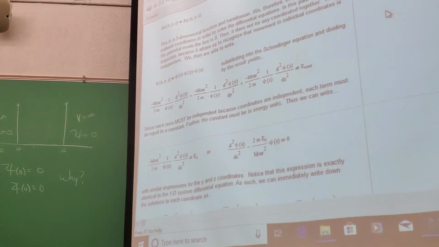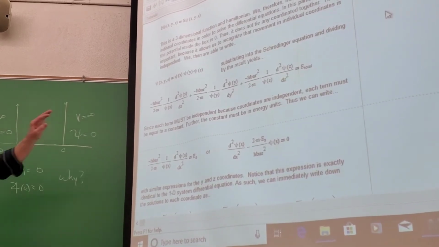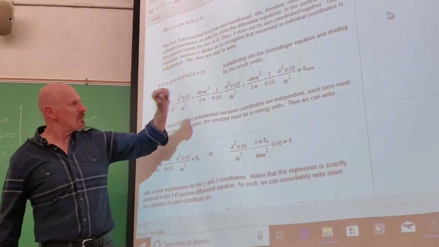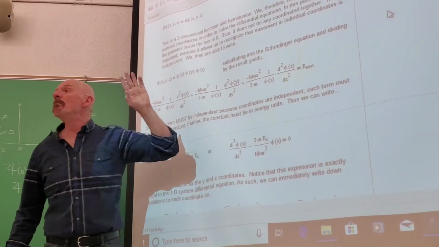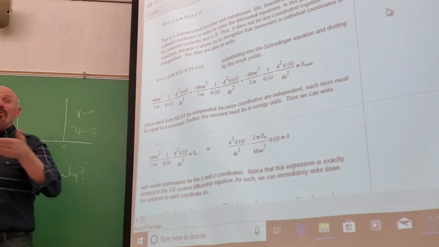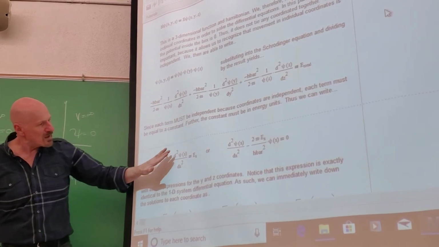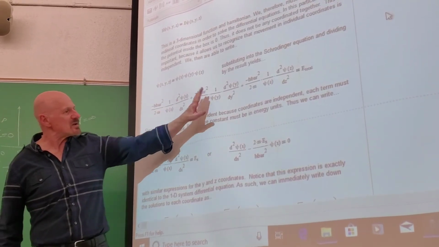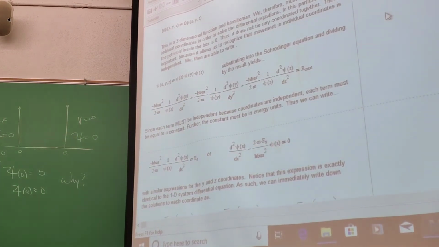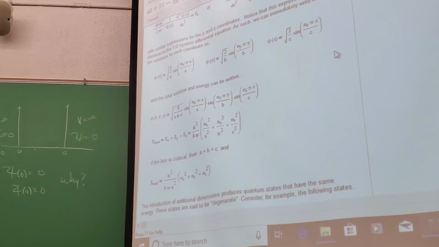So that means each one of them, this term here, just like you did in the homework, that's why I assigned that one, this term here, this term here, must individually be equal to a constant. We know these are energy expressions, so we find the first term is equal to the energy in X, the second term the energy in Y, and the third term the energy in Z. And they all add up to the total energy.